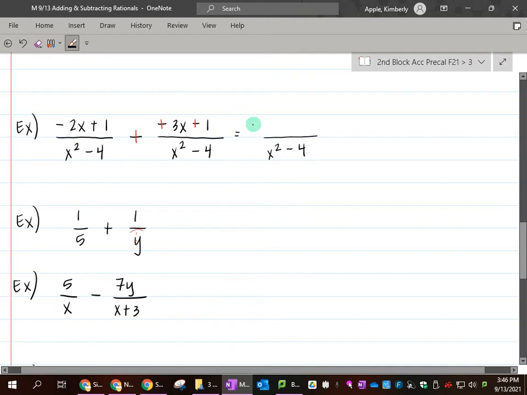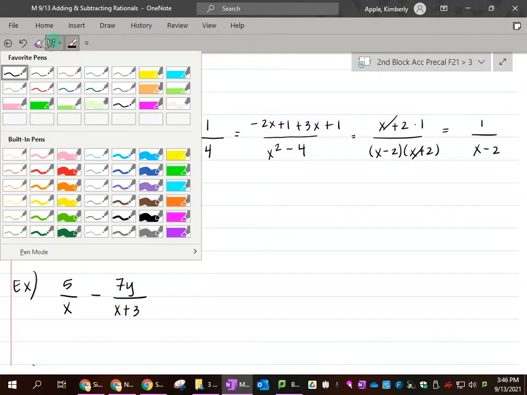So we'll say, okay, negative 2x plus 1 plus 3x plus 1. And then let's clean that up a bit. So we'll have 3x minus 2x. That's going to be x plus 2. And then we're going to factor this difference of squares on the bottom. And hopefully you see that we're going to be able to cancel these two terms. We're just going to be left with the 1 up here. So we'll have 1 over x minus 2. And that's all.